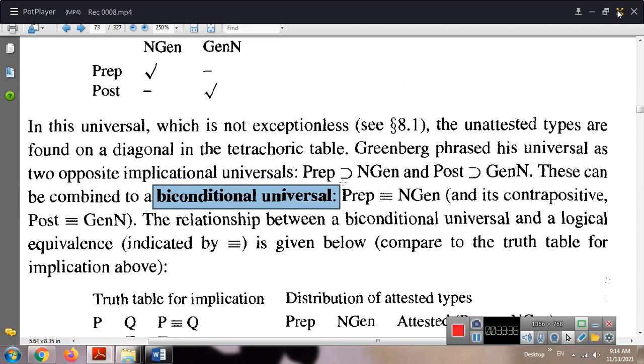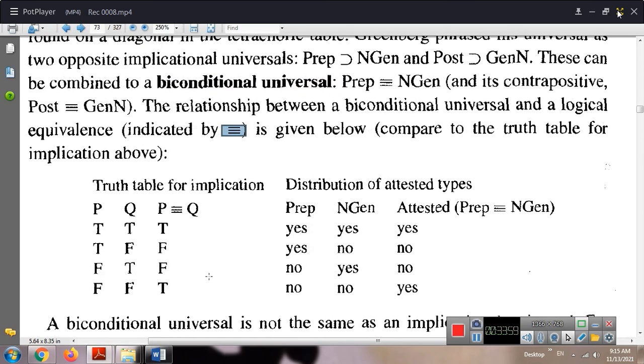It means that preposition and noun-genitive are related to each other, and its contrapositive, postposition and genitive-noun, are related to each other. The relationship between a biconditional universal and a logical equivalence indicated by this symbol is given below, compared to the truth table for implication above.